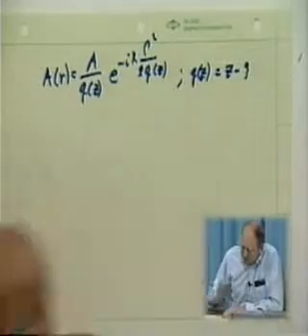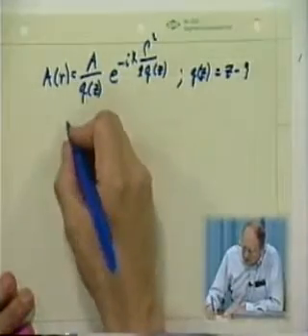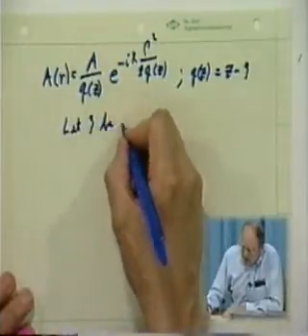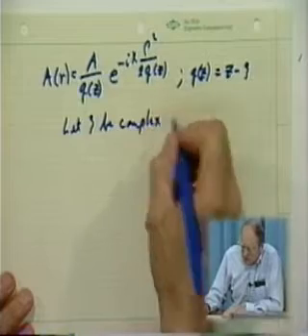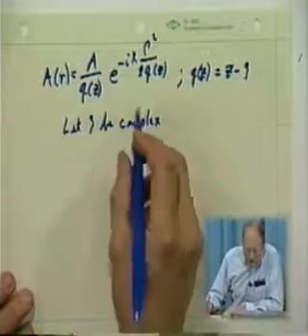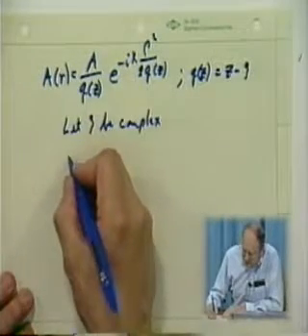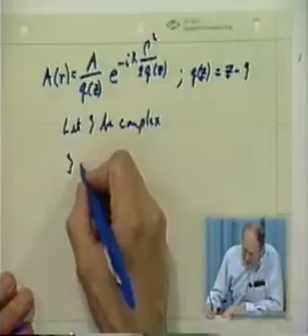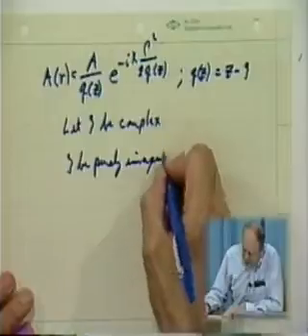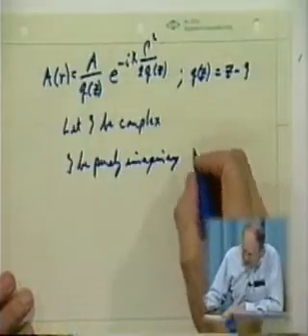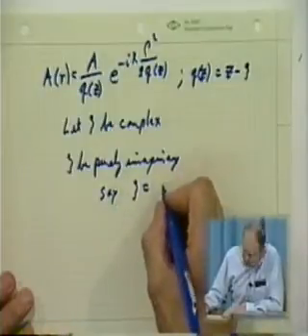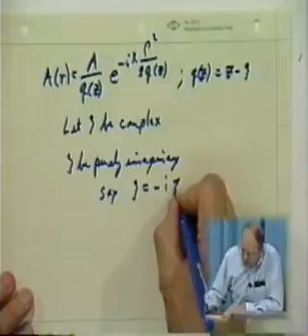Now the next thing we want to do is we could say, let squiggle, which is a constant, well, let squiggle be complex. Okay, no reason why we can't do that. And what I really want to do here is to let squiggle be purely imaginary, and say that squiggle is equal to minus i z naught.